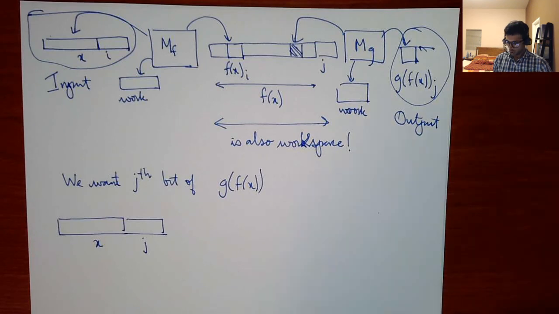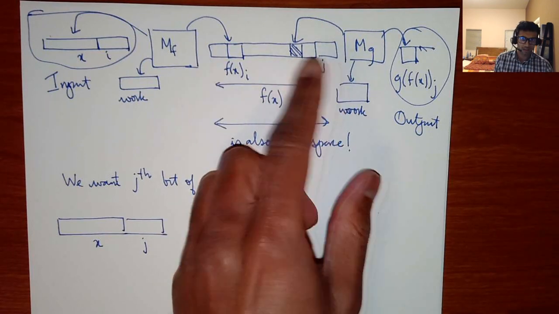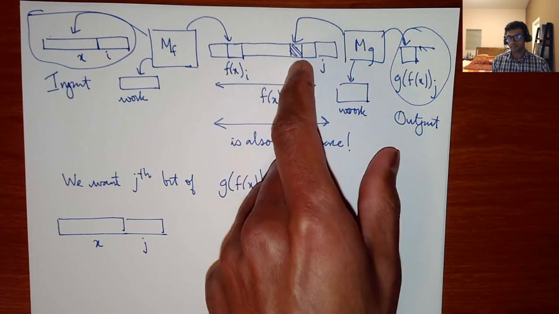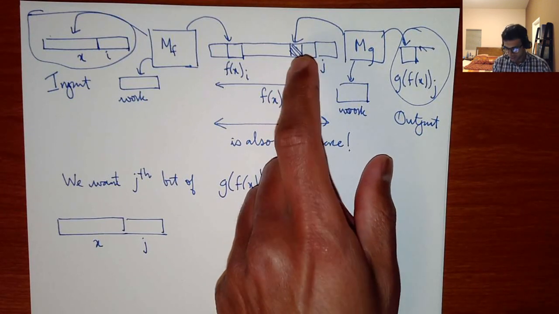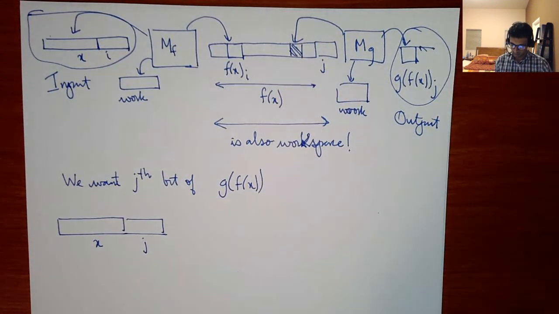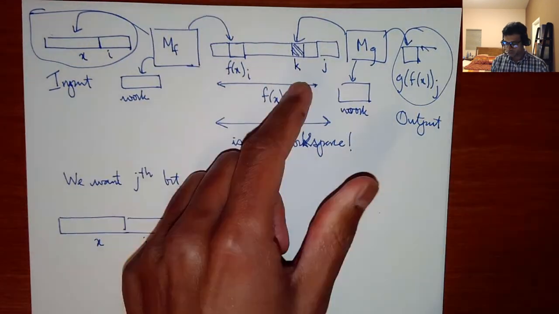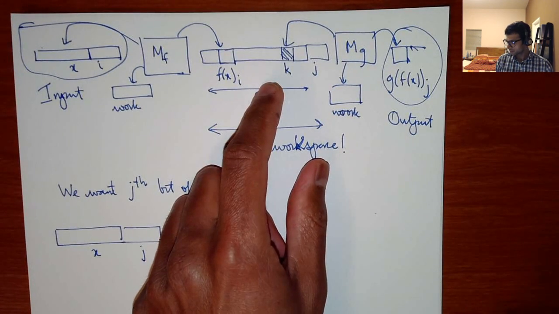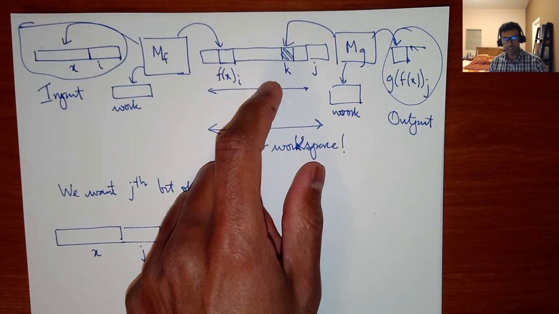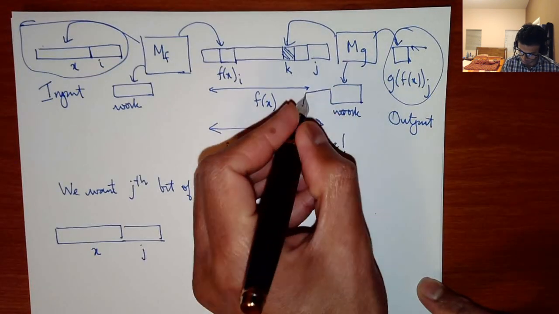Yeah. So when it needs to read this bit, it doesn't need to store all the other bits. All it needs is that character, which we're thinking of as a bit. So when it needs that bit, this is some k. It needs the kth bit. It goes and runs this machine for k, gets that bit, and then if it transitions left or right, it says, okay, now I need to read the k minus 1 bit or the k plus 1 bit, which it now stores in the workspace.